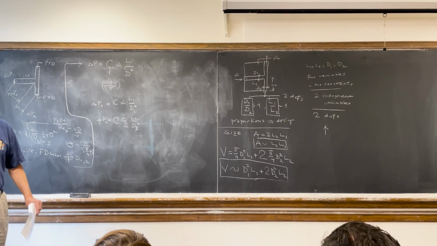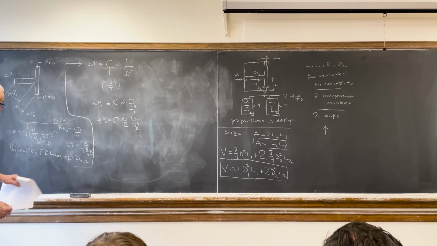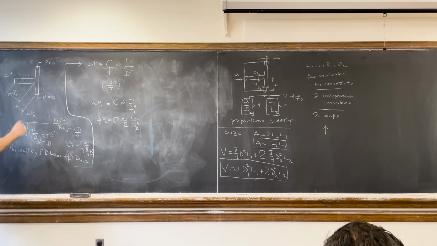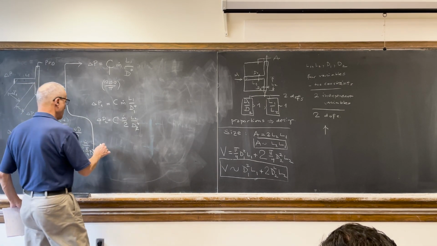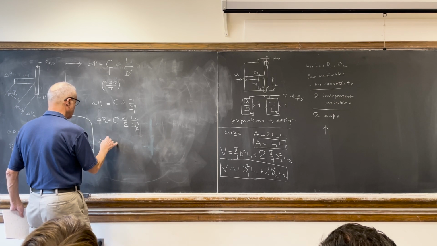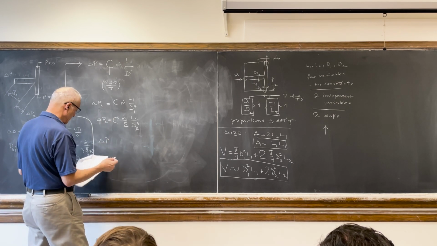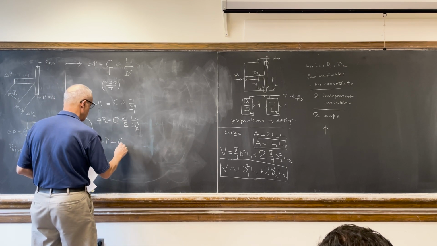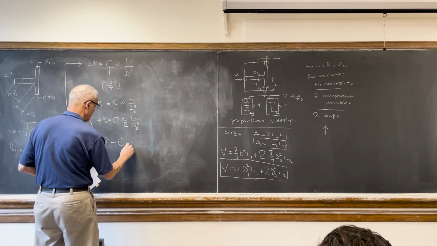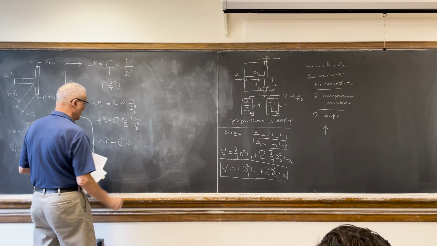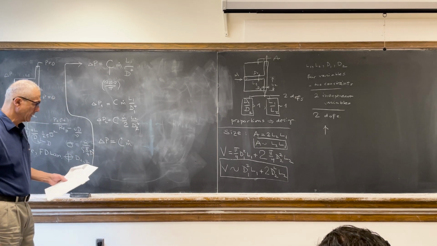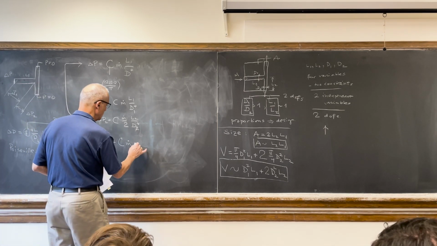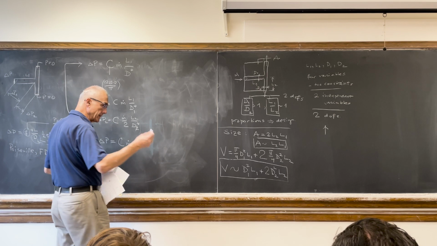And then when you sum them up, as required by this sketch, the penalty to you, this overall pressure drop, is equal to the same constant capital C times m dot, and then a factor that depends on the drawing, the configuration.